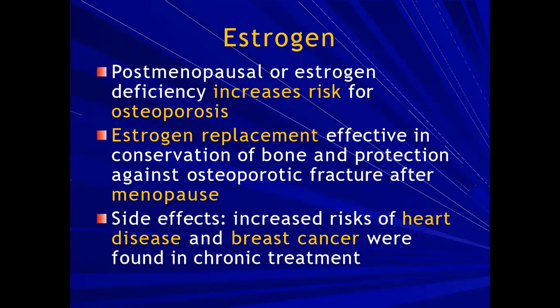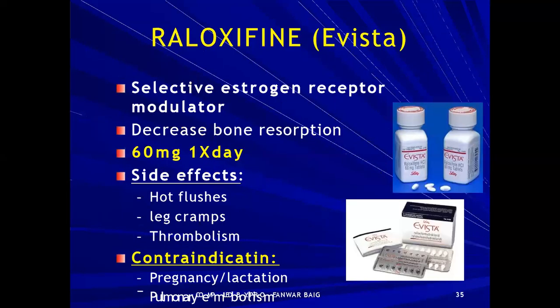So postmenopausal estrogen deficiency increases the risk for osteoporosis. Estrogen replacement is effective in the conservation of bone and protection against osteoporotic fractures after menopause. The side effects are increased risk of heart disease, and breast cancer is found with estrogen treatment.